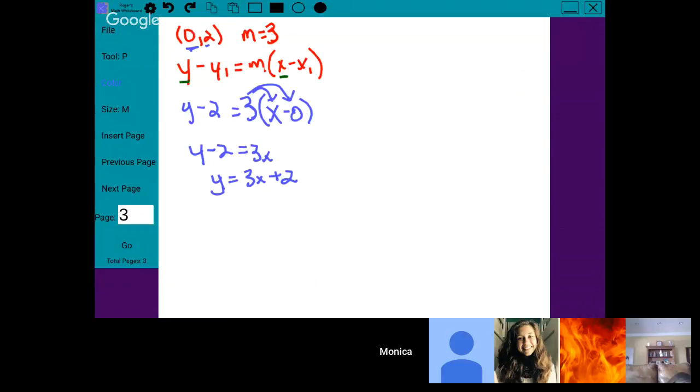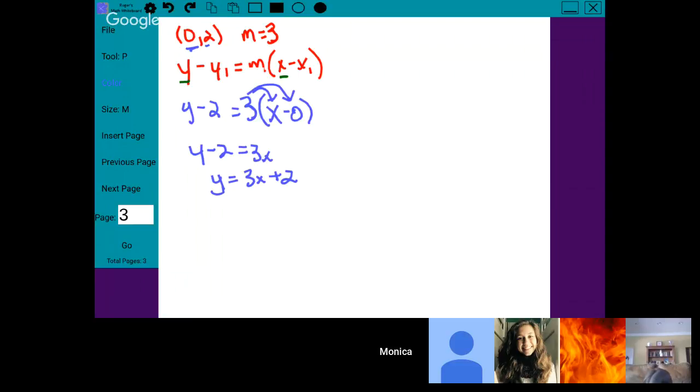Yes. Okay. All right. So here, I'll explain it again now that you can see what I'm doing. Your point here is 0, 2, and your slope is 3. So your equation we're going to use is this. Y minus y sub 1 equals m times x minus x sub 1. The y value here and the x value here stay just as y and x when you plug in.